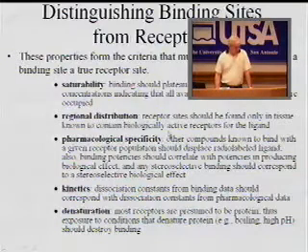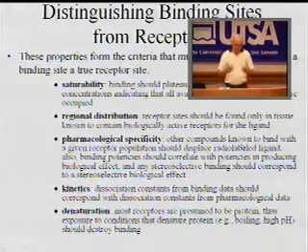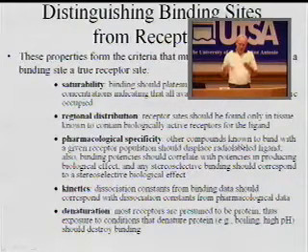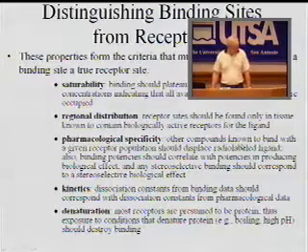The pharmacological specificity, so other compounds known to bind with a given receptor population should displace the radiolabeled ligand. So not only using the cold, unlabeled, identical ligand against the labeled one, but also, as we saw, using pindolol and some of the others to evaluate it, showing that it behaves in the predictable fashion.